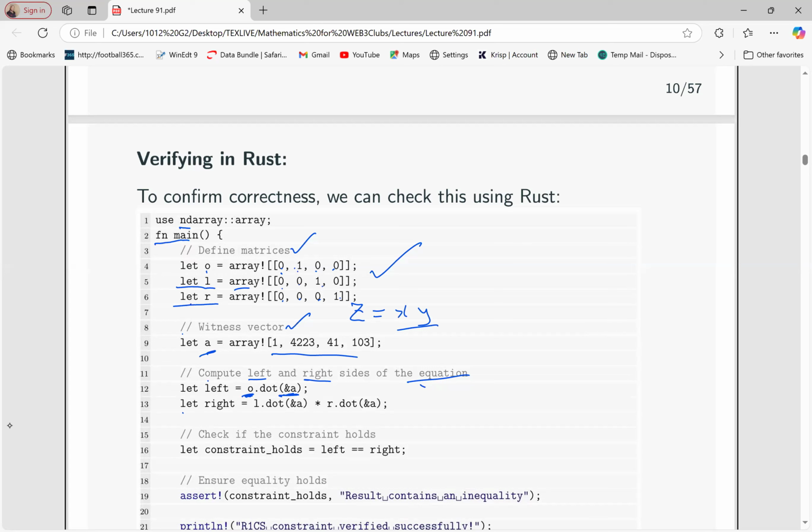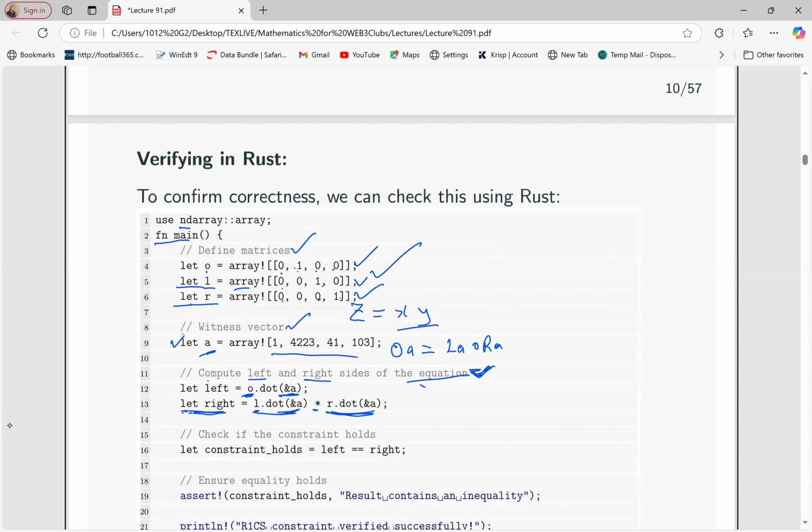It was supposed to be O times A equals L times A multiplied by R times A. So this is what we are computing at this point. Let the right be LA multiplied by RA. R has been defined, L has been defined, O has been defined, A has been defined. This code will be able to do that.